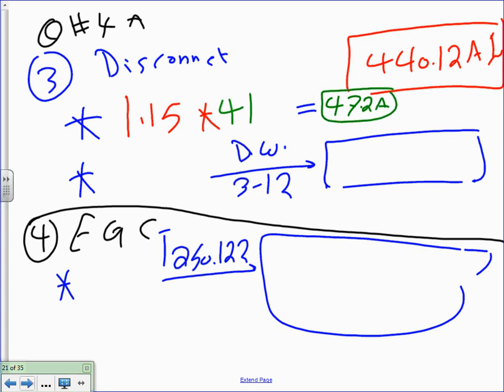Any second on Jamie's answer? Yep. Thank you. So then you take the 47.2 amps to page 312, and that will get you 60 amp, 2 pole, non-fused. 60 amp, 2 pole, non-fused.